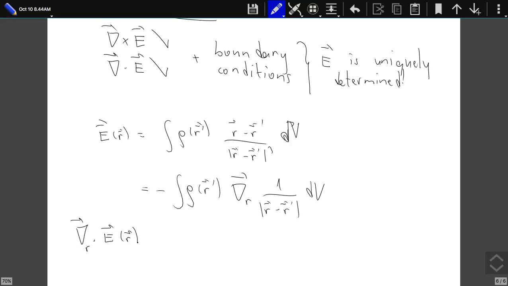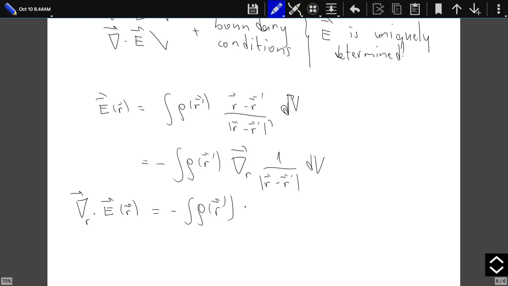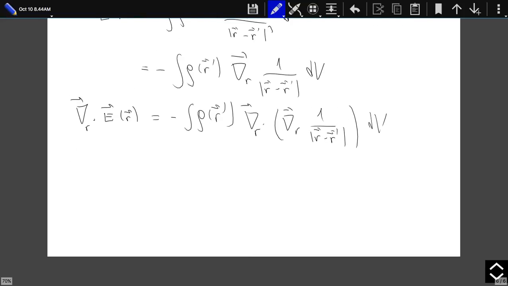Well, the integral is over r prime, and we are taking the divergence with respect to r, so we can just put the derivative inside the integral. Rho of r prime is a function of r prime only, not of r. It's not affected by the derivatives with respect to r. Divergence of the gradient of 1 over r minus r prime. But divergence of the gradient, we had defined it to be the Laplacian.